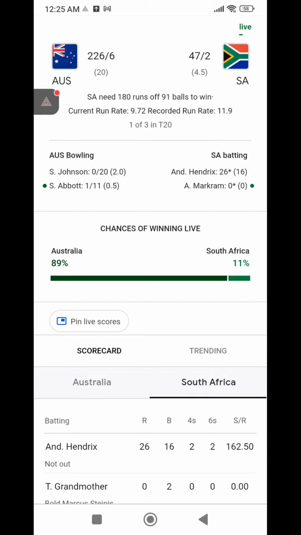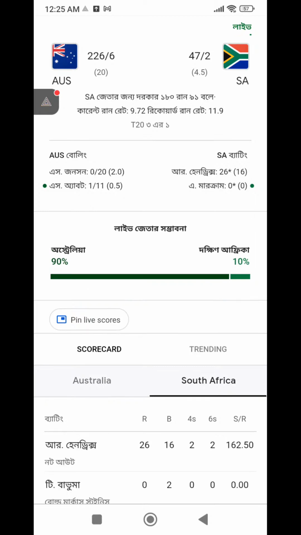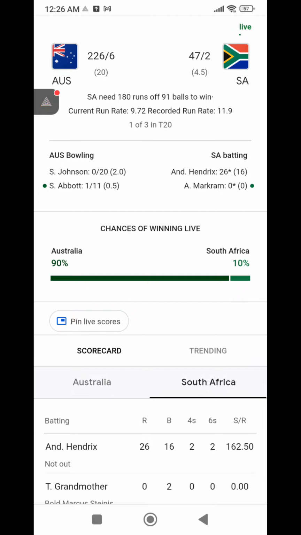New batsman is the captain of South Africa, Aiden Markram. 0 of 2. Aiden Markram.